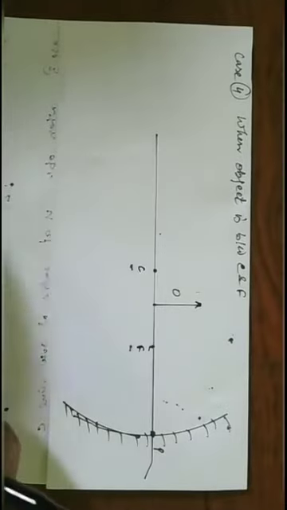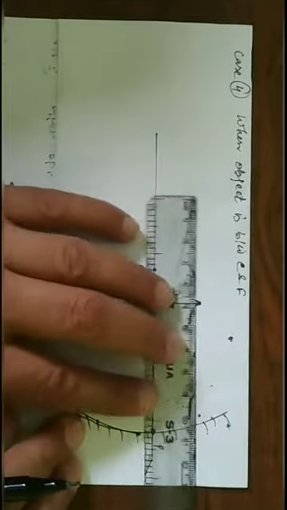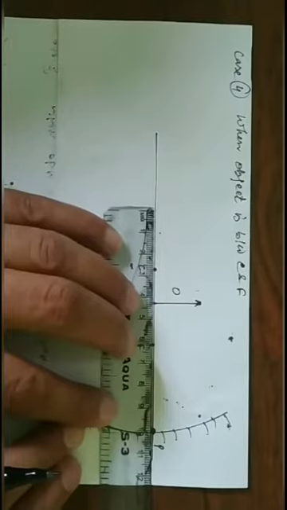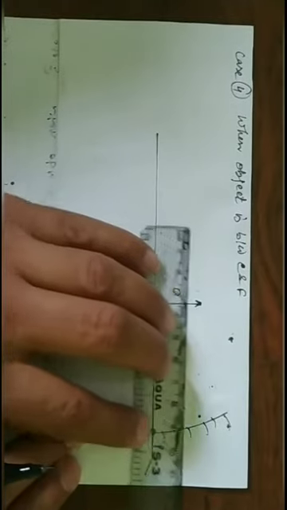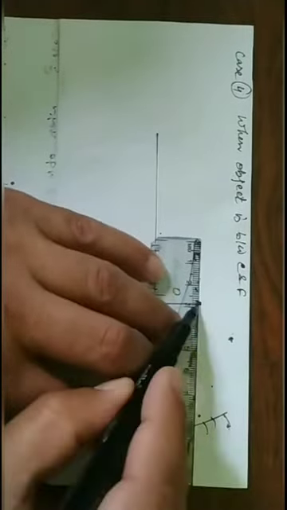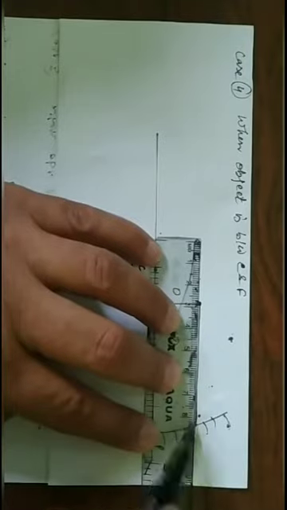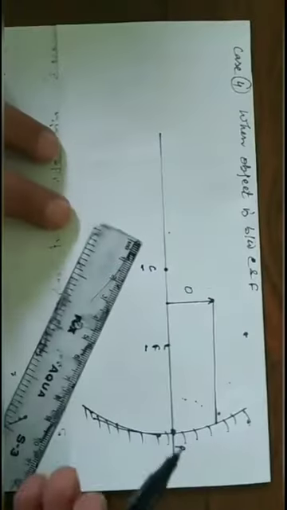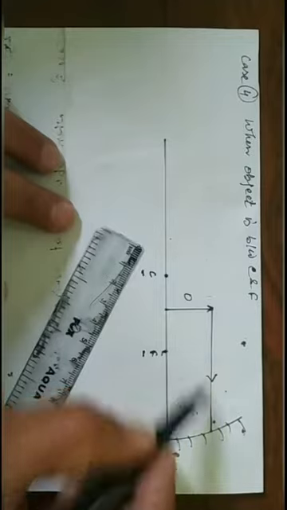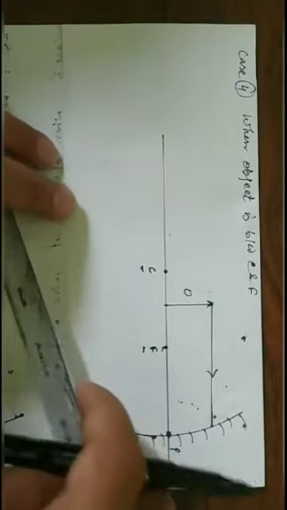The first ray is parallel. Any ray which is parallel will pass through the principal focus.